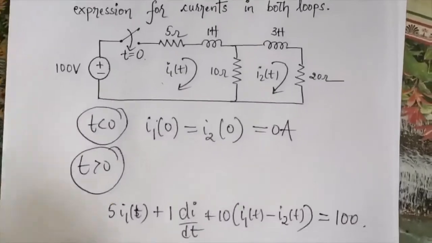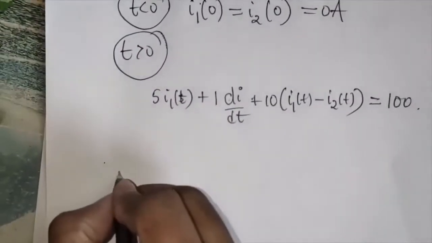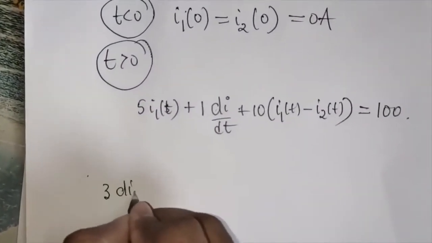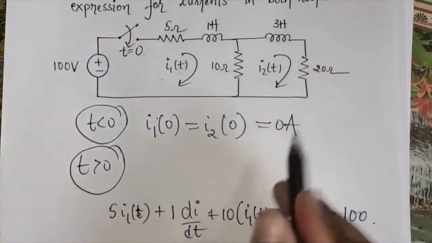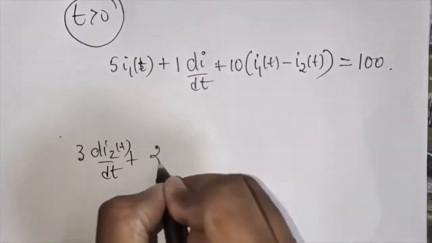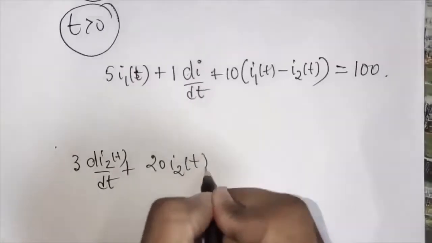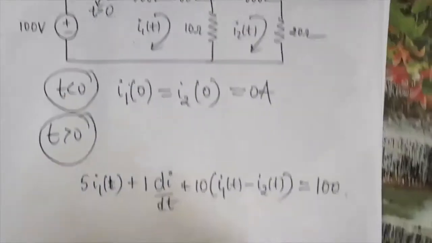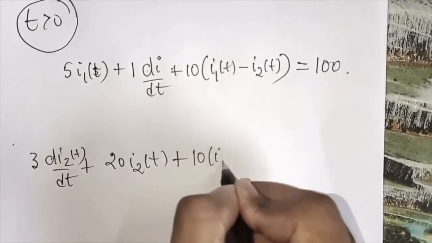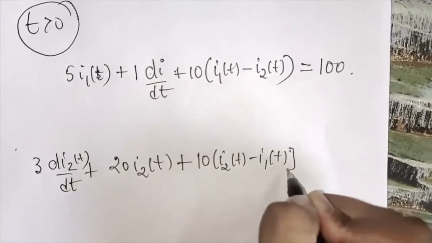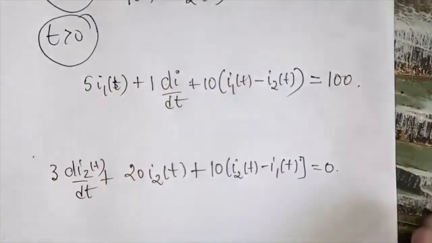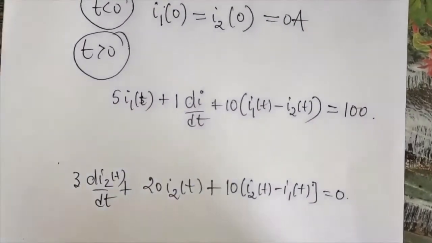The second equation is 3 into di2 by dt plus 20 into I2 of t plus 10 into I2 of t minus I1 of t is equal to 0.